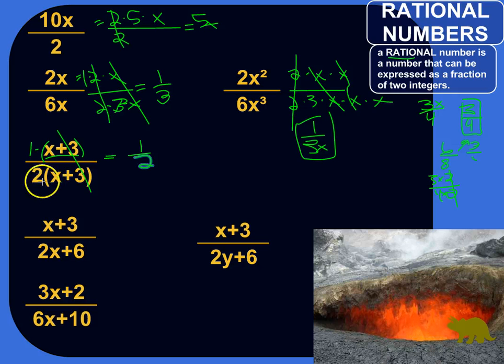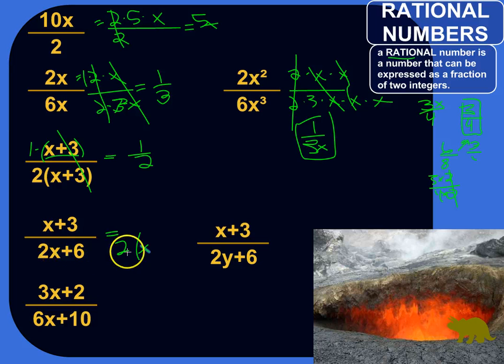But notice this. I could factor out a 2 from the bottom. What times 2 is 2x?